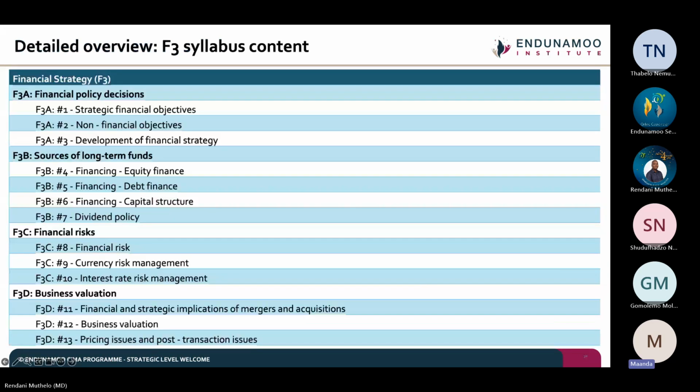All right. These slides are just dealing with the topics that we are going to touch. So for financial policy decisions, we are going to touch on strategic financial objectives, your financial objectives, and how you can develop a financial strategy.